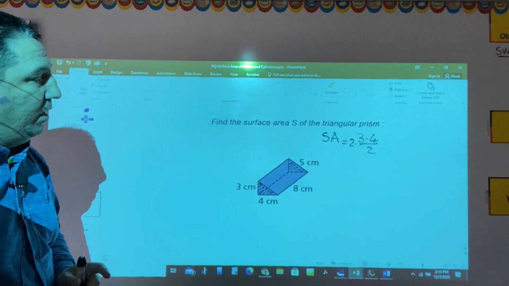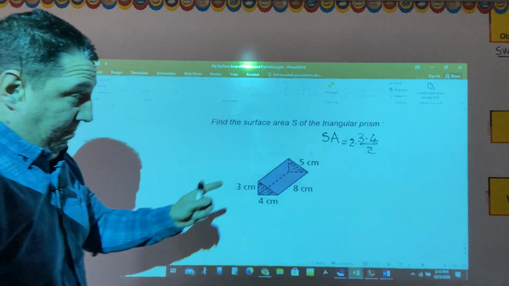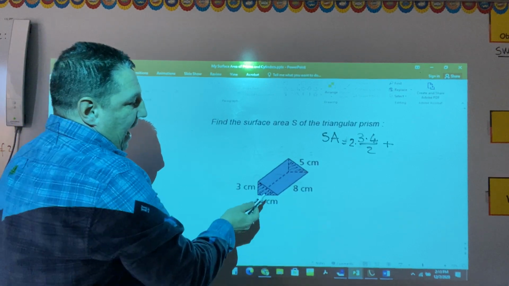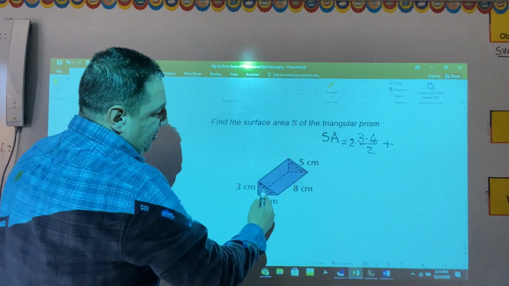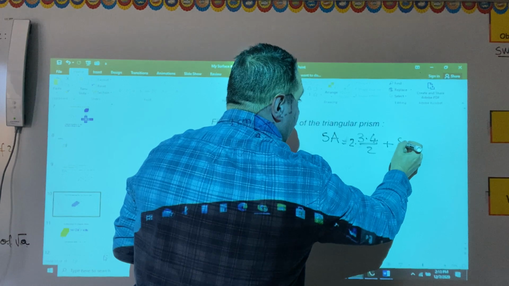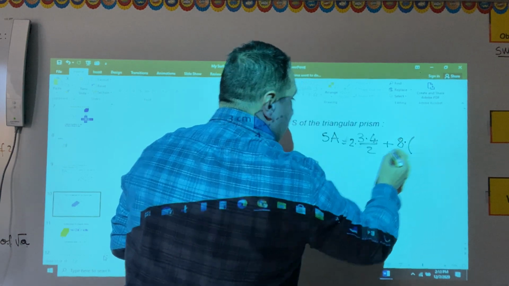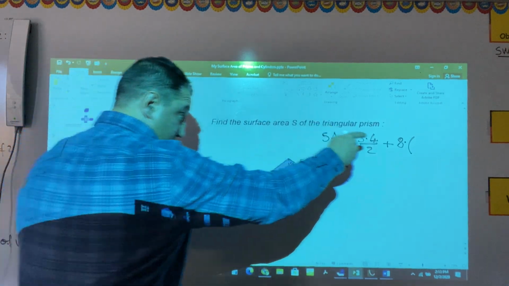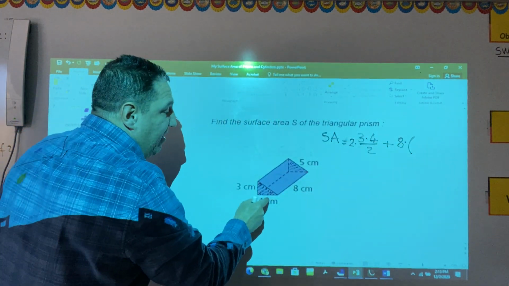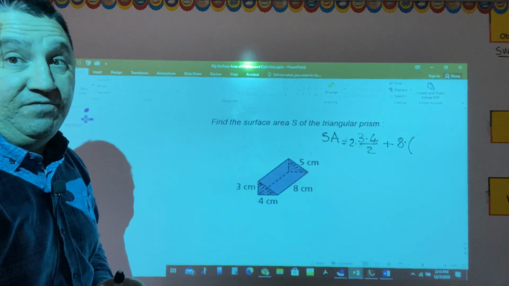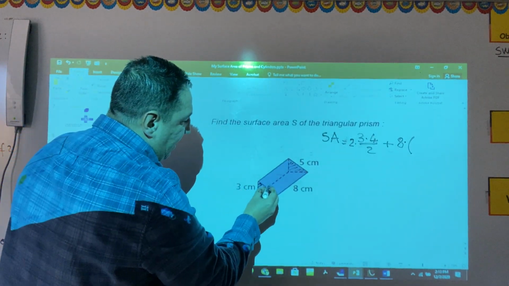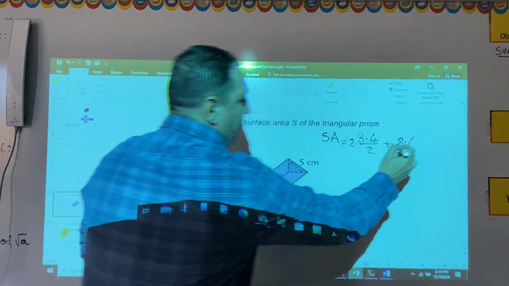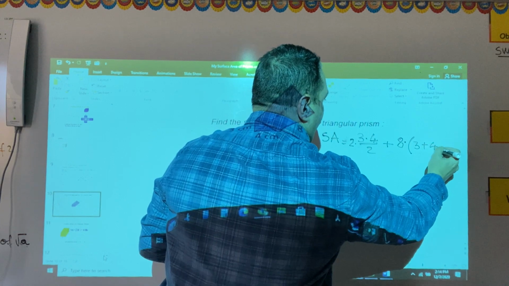Now, plus L, the distance between bases, is 8, times. Now, we have to write in parentheses the sum of the sides of the base. This side is 5, the same as this one. So you're going to have 3 plus 4 plus 5.